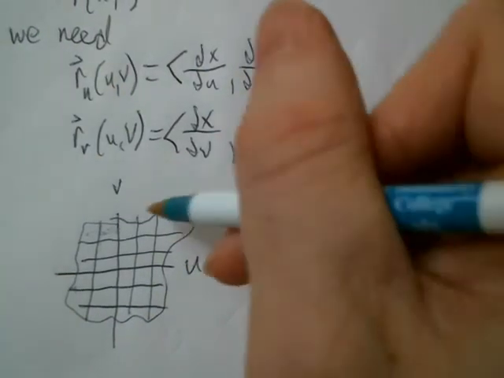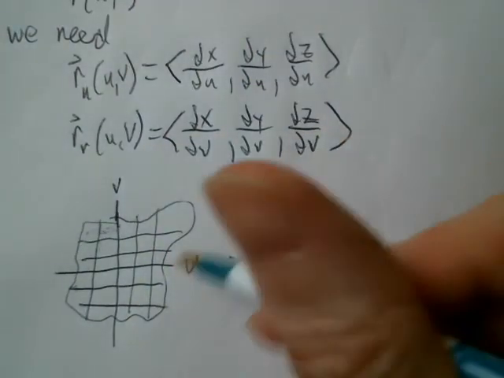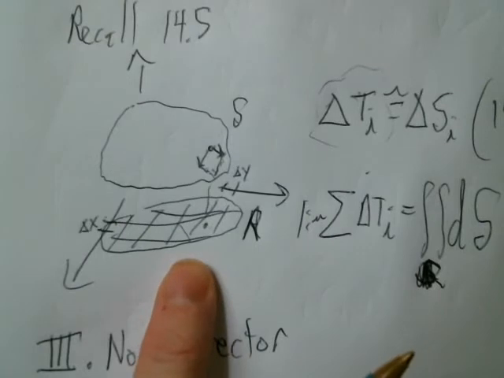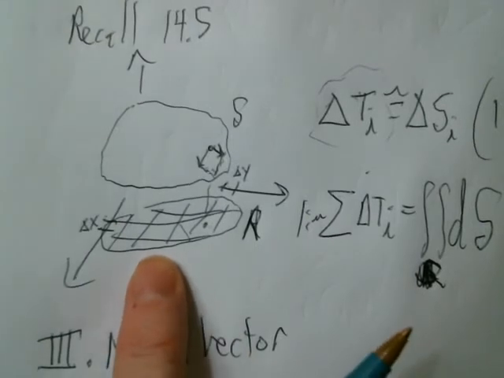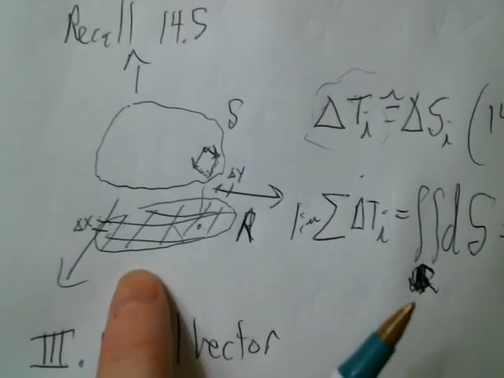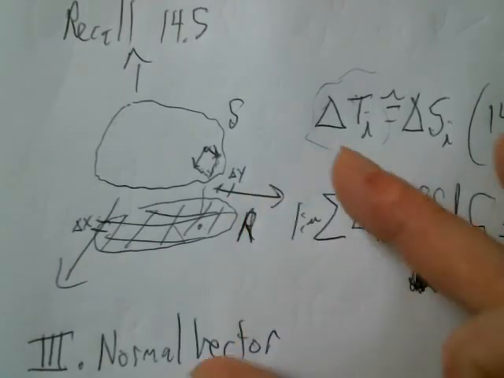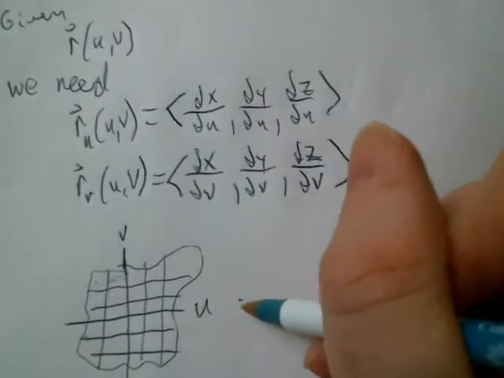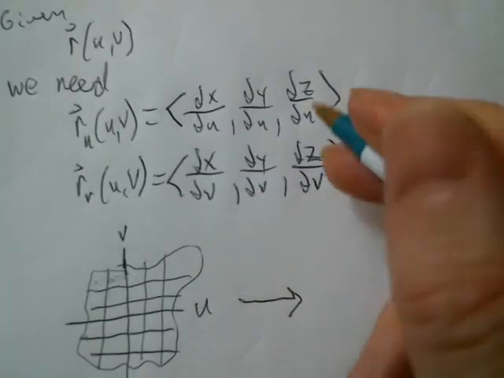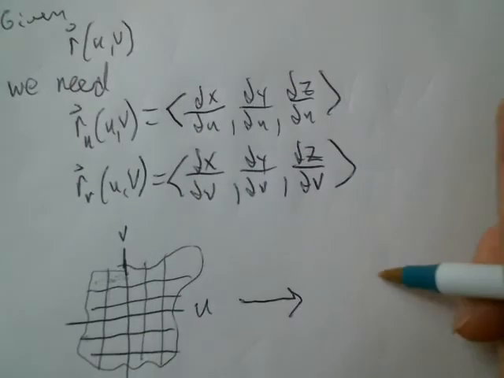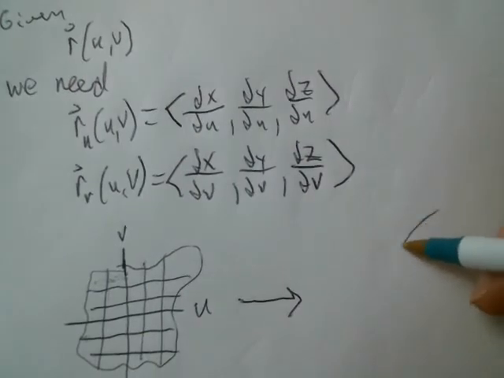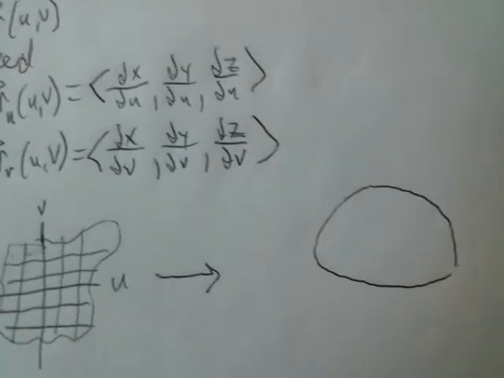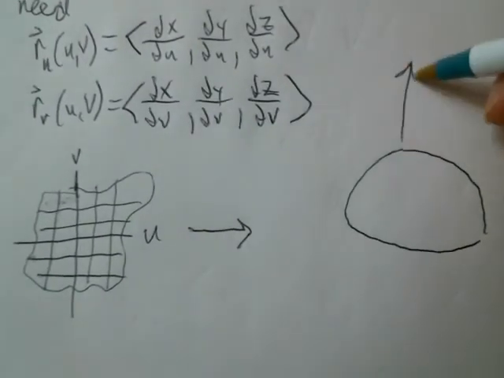You have to imagine that this uv plane is kind of like the xy plane, but it's not. It's some other plane that's not really visually attached to where we end up. Every one of these pieces is being transferred onto the surface in xyz space. So here's my surface in xyz space.